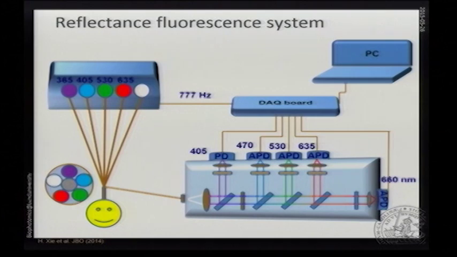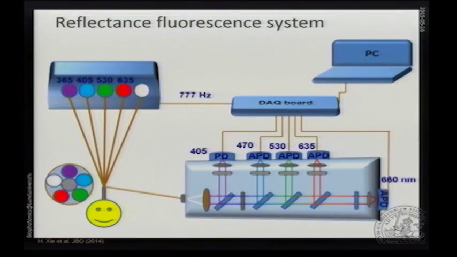That provides us with a combination of 5 excitation sources and 5 detectors, so that is 25 channels. By using these 25 channels in a good way, we can assess both absorption, scattering, and fluorescence properties of this sample down here. We take all that into a computer and analyze that.